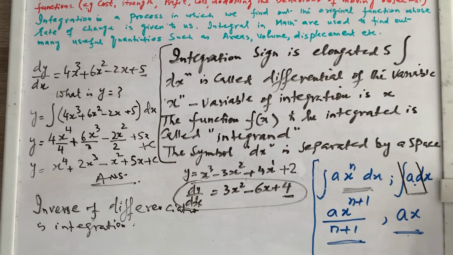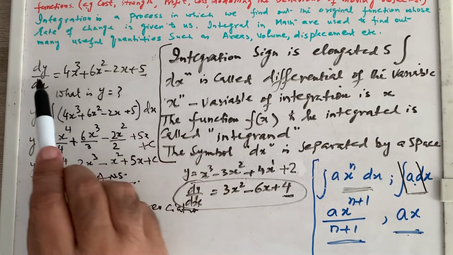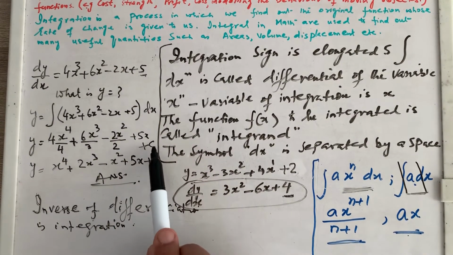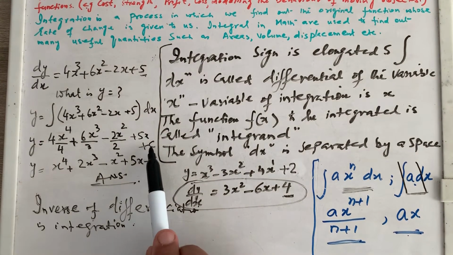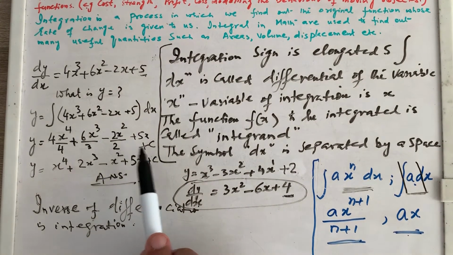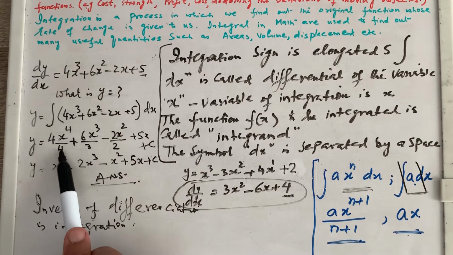So you have to remember the differentiation of a constant is 0. Therefore, whenever there is a constant in the differentiation dy by dx, we have to have one constant of integration, which sometimes we denote by c, and sometimes by k, right? So this is the rule. What is the rule? Add 1 to the power, and divide by the increased power.